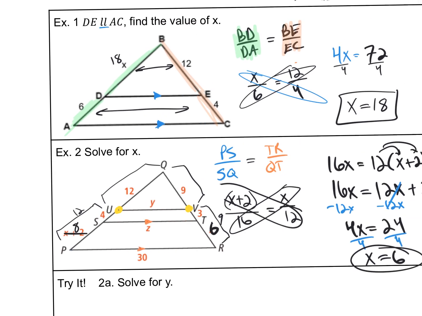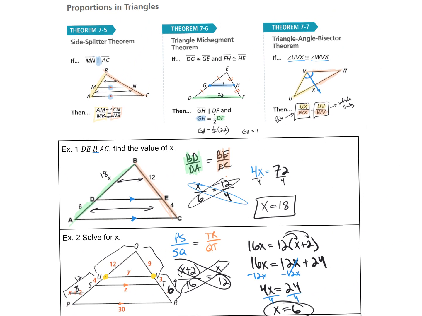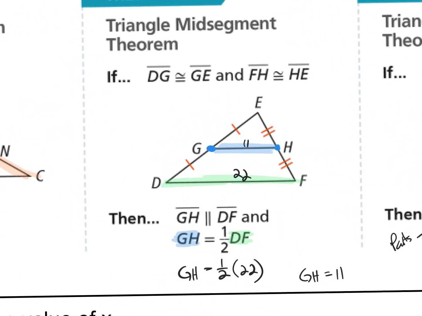So just going back up top here just to quickly show you it. The mid-segment theorem, right, is just saying that in order to find this missing distance, in this case they were looking for GH, so G and H were the two midpoints in this triangle. All you have to do is take 1/2 the distance of the base of the triangle. So the base side that is going across just like the mid-segment.